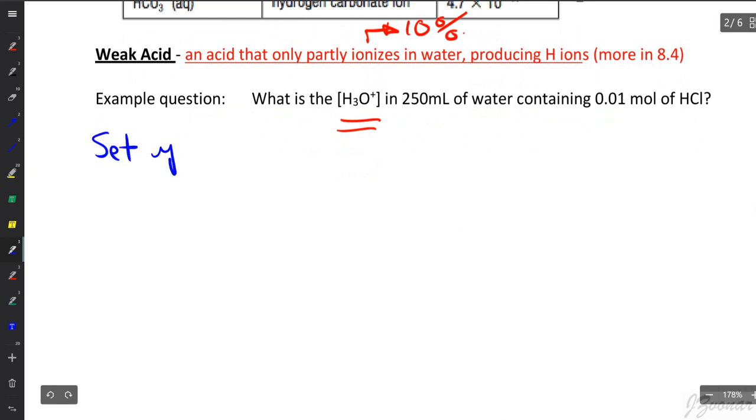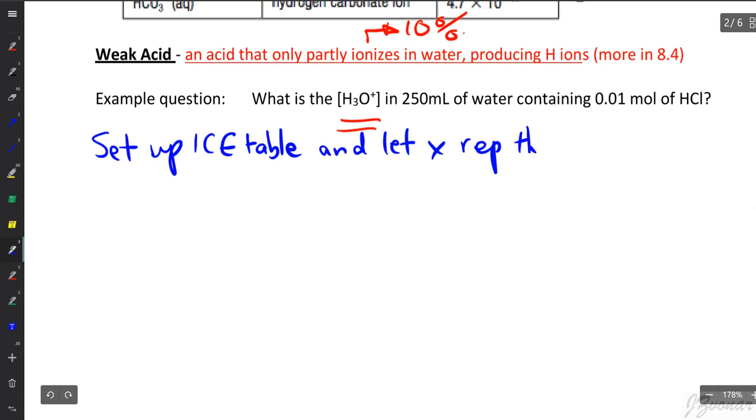So I will just say we're going to set up an ice table, and we're going to let X represent the change. All right, so we have to start off with the equation here.